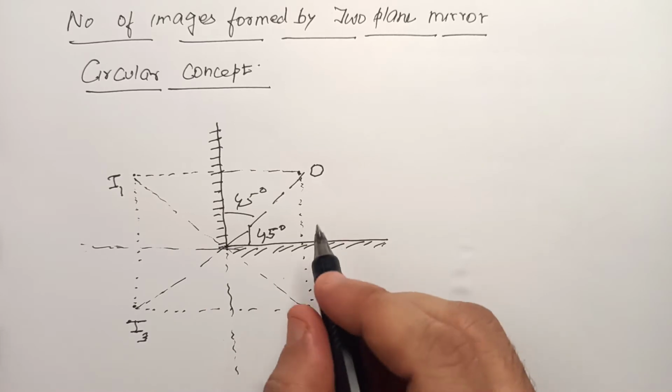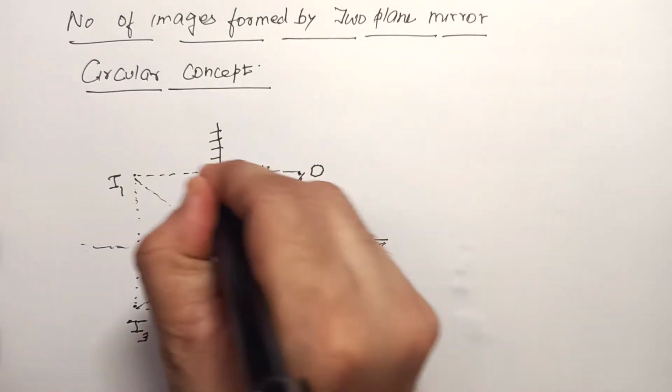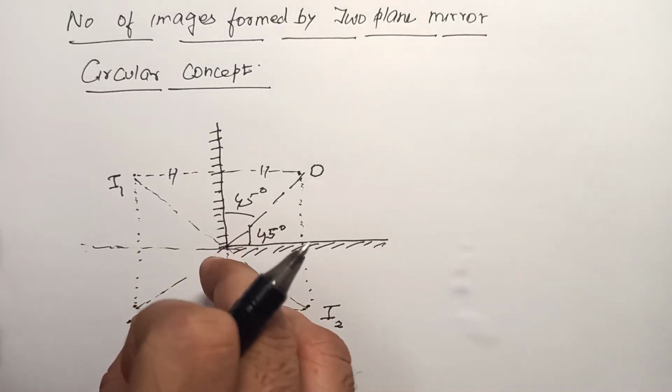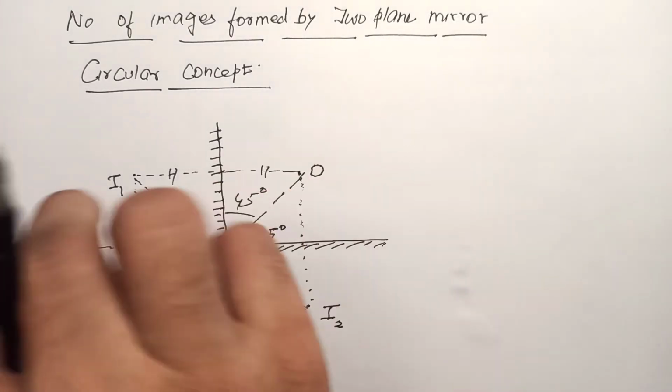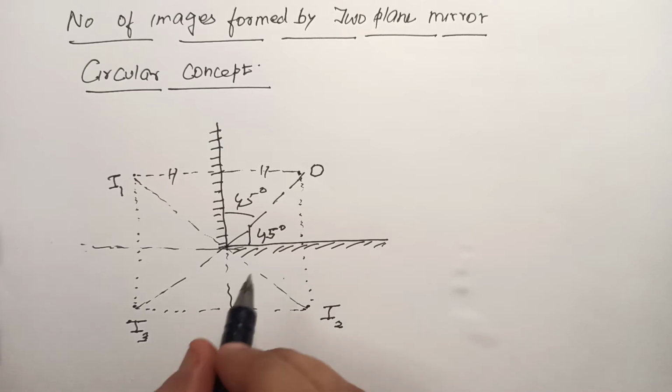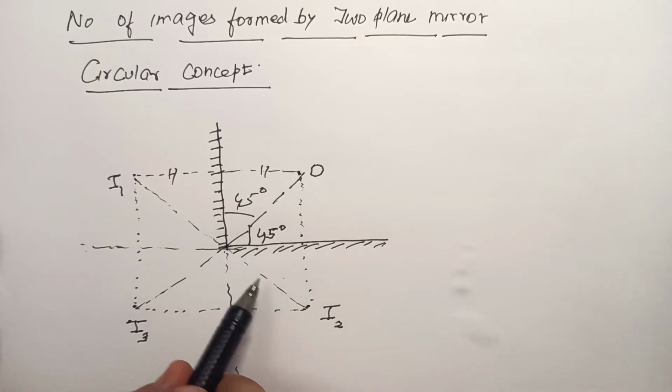Now by congruency we can prove this is equal to this, correct? Similarly we can find out that all the distances like this, this and this would be equal. Now by congruency we can prove these distances are the same, correct?